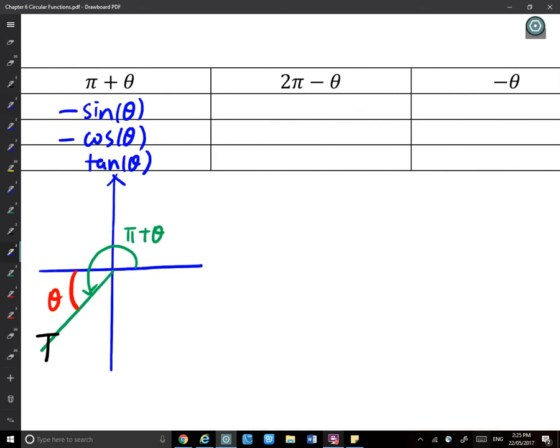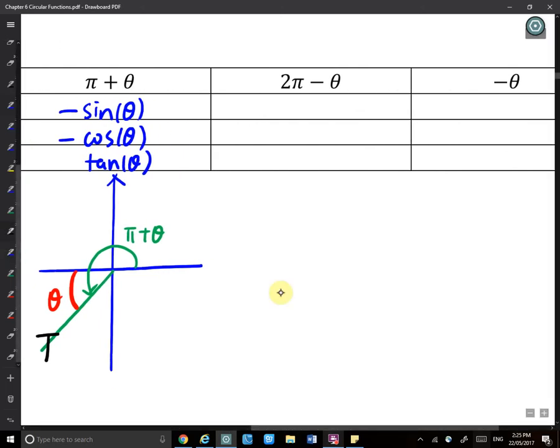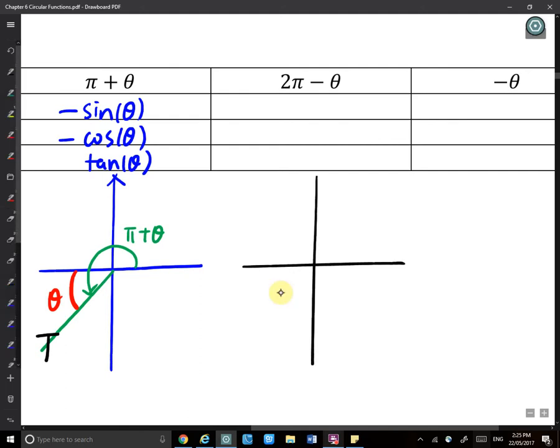Okay, 2 pi minus theta. That will be an angle here; the whole angle here is 2 pi minus theta.